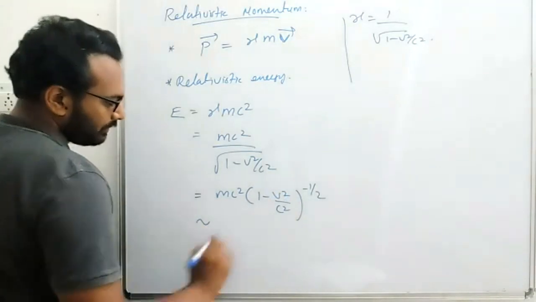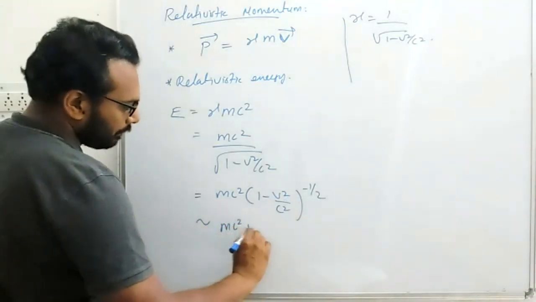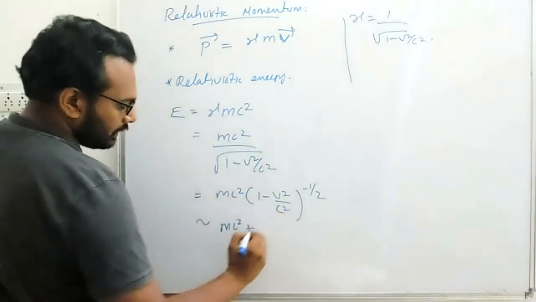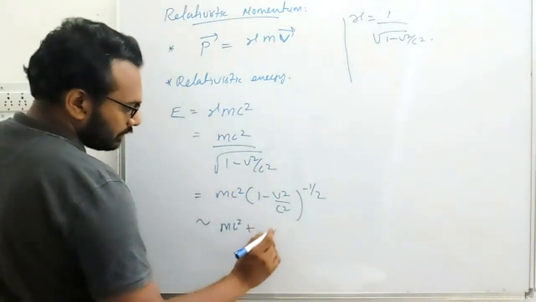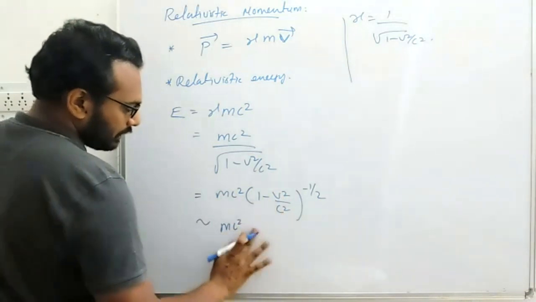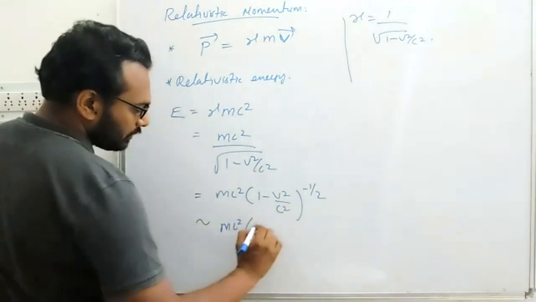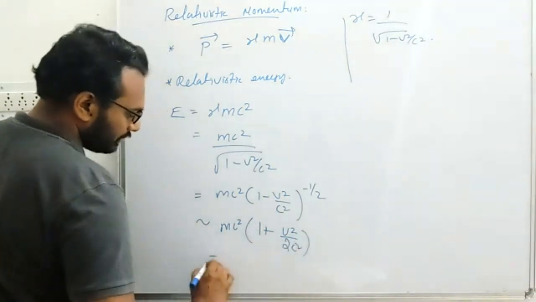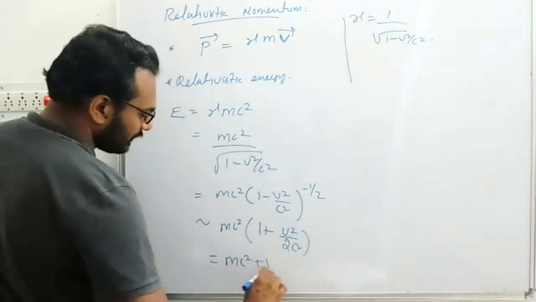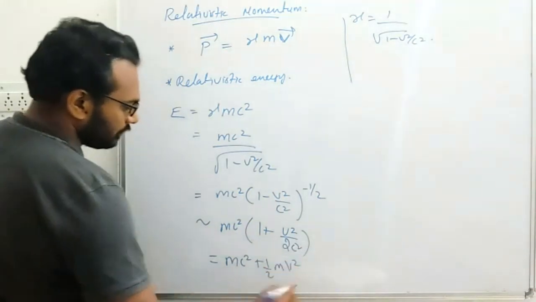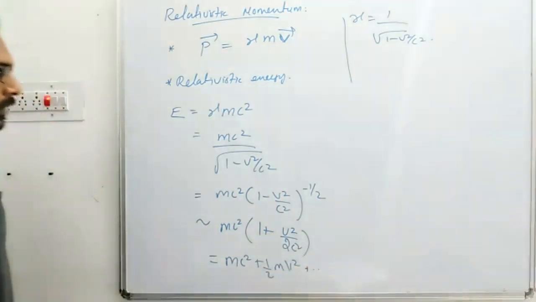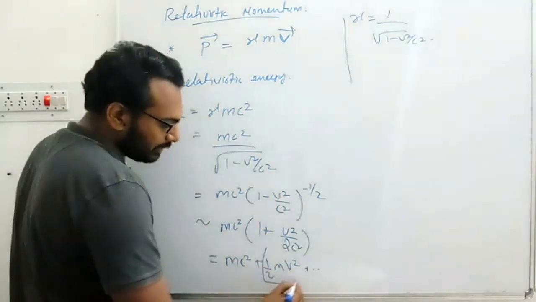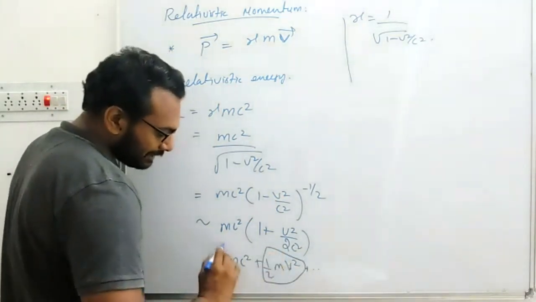So this is approximately equal to mc square times 1 plus v square by 2c square, which is mc square plus half mv square, and there are higher order terms. But when velocity is small, this is enough. So you get back the Newtonian expression for kinetic energy, and there's an extra contribution here.